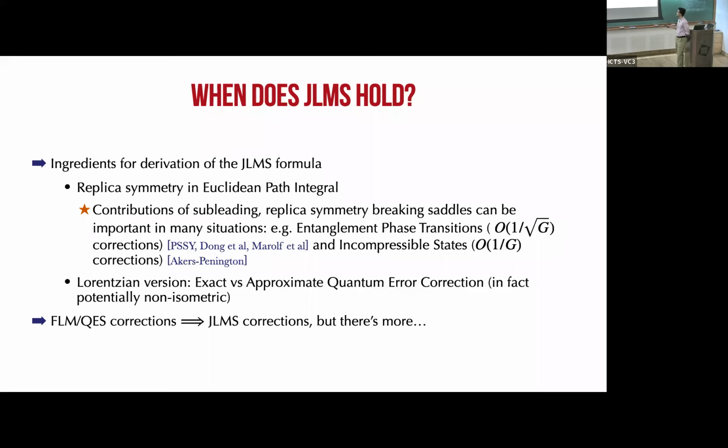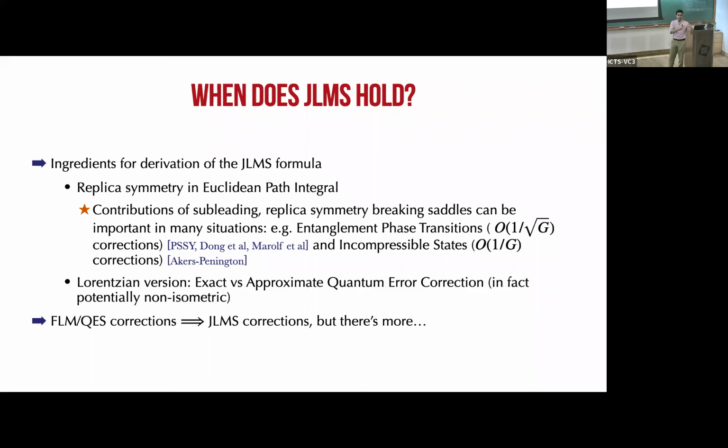Roughly, this is the assumption that was made in the context of the Euclidean path integral. The Lorentzian analog of that is roughly that instead of having an exact error correcting code, where you have an exact map and an exact FLM formula, you have something like an approximate error correcting code. And in fact, recently, people have discussed black holes in this context where it's not even an approximately isometric code, in the sense that the map from the bulk to the boundary is not necessarily approximately an isometry.